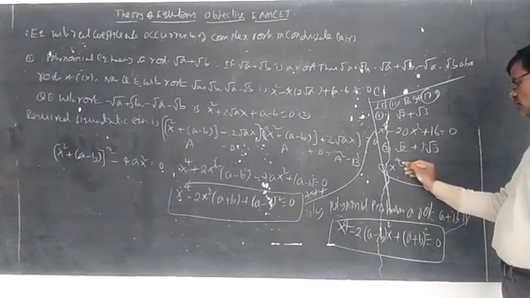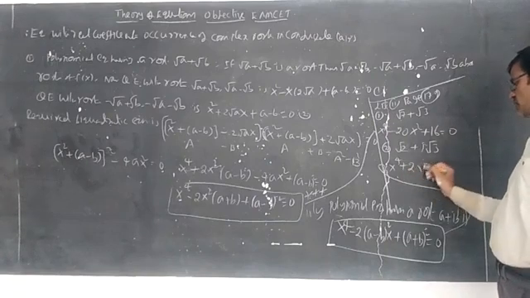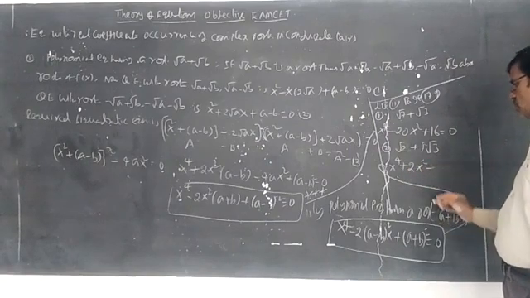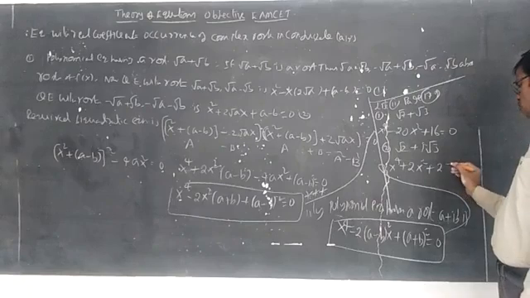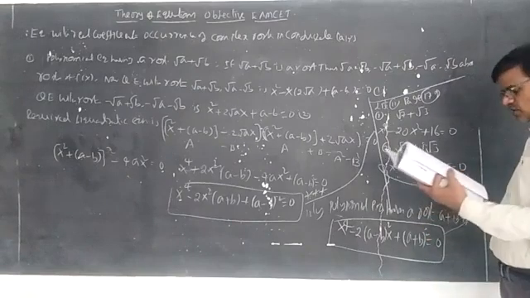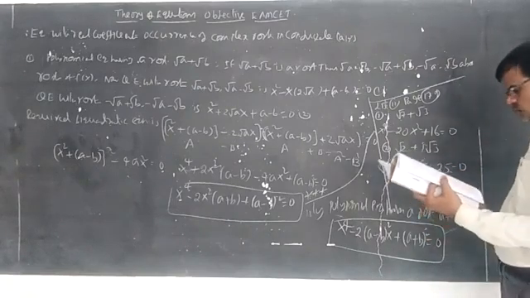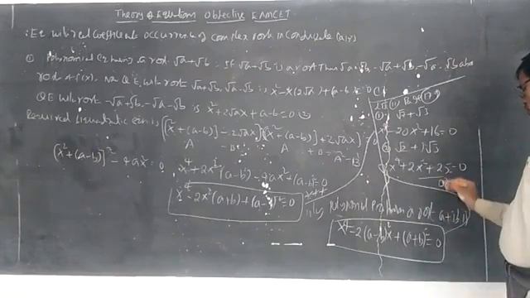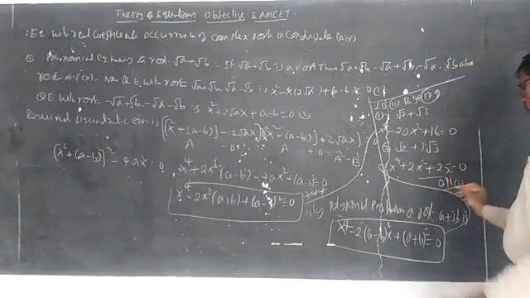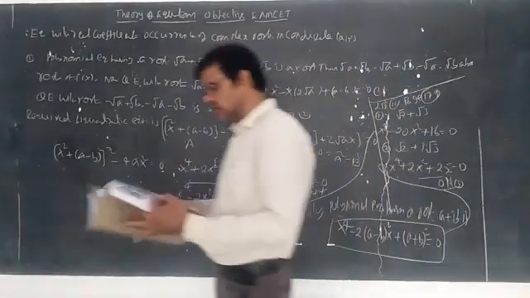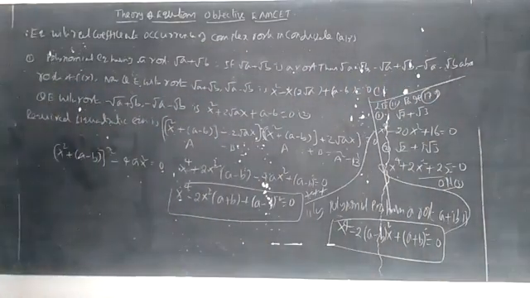So minus of minus becomes plus: x power 4 plus 2x square plus (a plus b) whole square, 2 plus 3 is 5, 5 whole square is 25. So both 1 and 2 are true here. So you can understand option 3 is the answer for the 11th question, depending upon this concept.